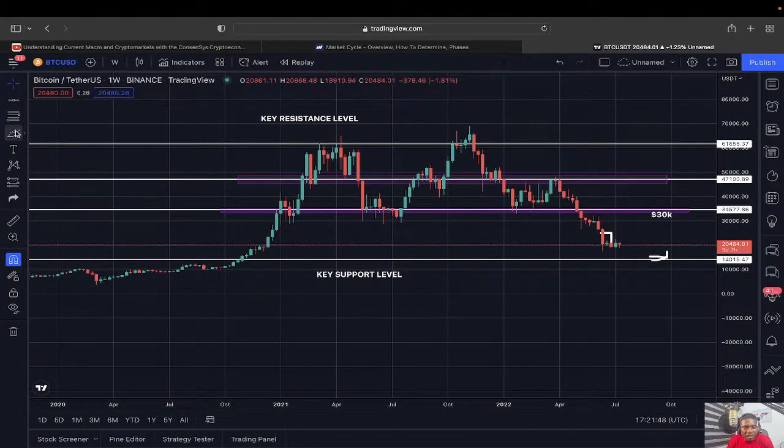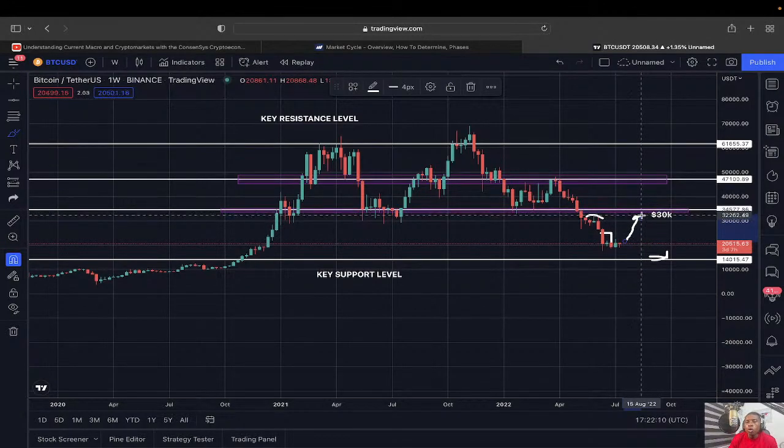So if you look at this place now, we had a breakout of this region here, this 30K region. There was a breakout. Now if after this breakout that occurred here, we have a pullback like this. So when price goes back either to or closer to the region it broke out from, that is a pullback.